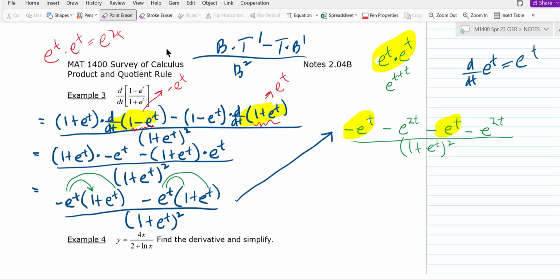I think I may have missed a sign in here too. Second line, the first one, it's 1 plus e to the t multiplied by minus e to the t minus, and in parentheses you need the minus sign in the parentheses.